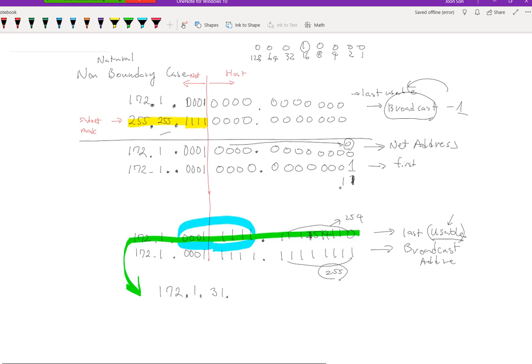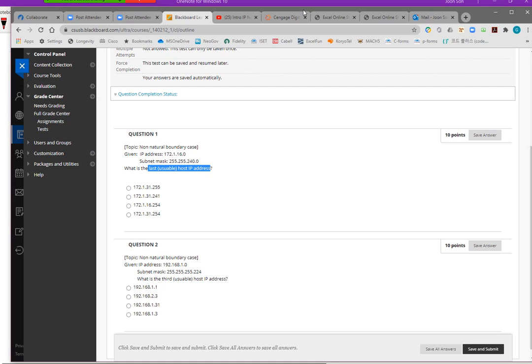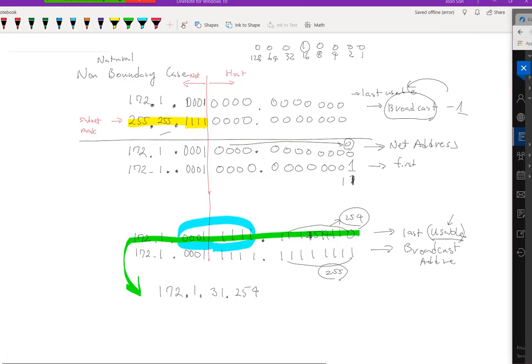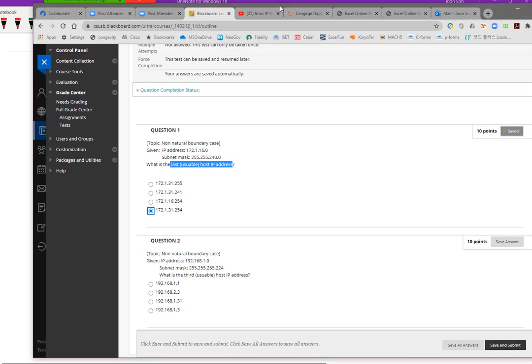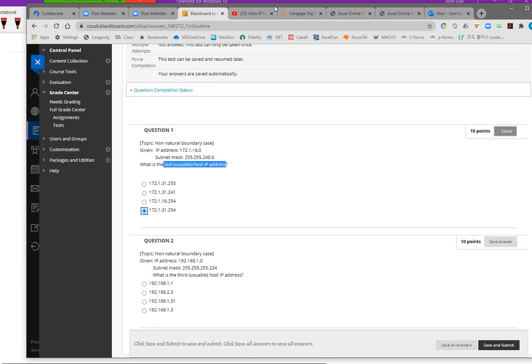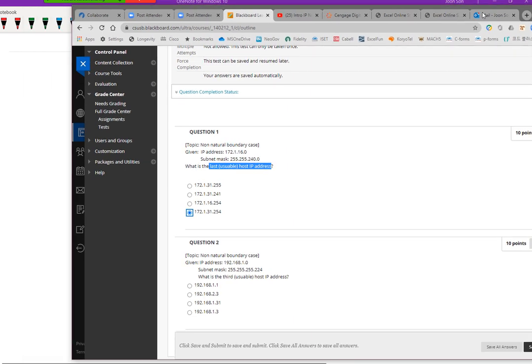The 31 dot, and then this is like 254. And so what is the answer? 31, right? Okay, so once again, the answer is D.